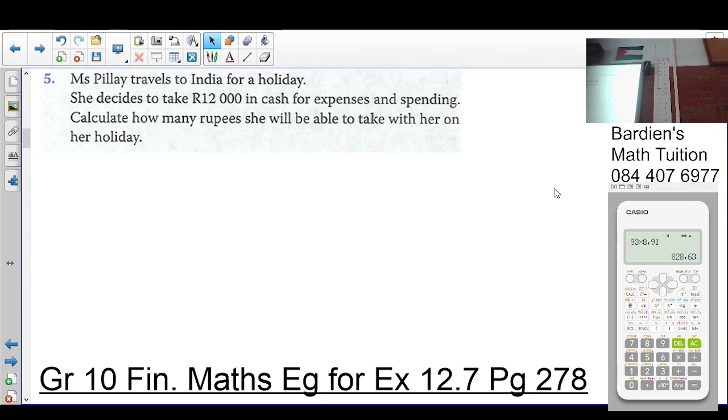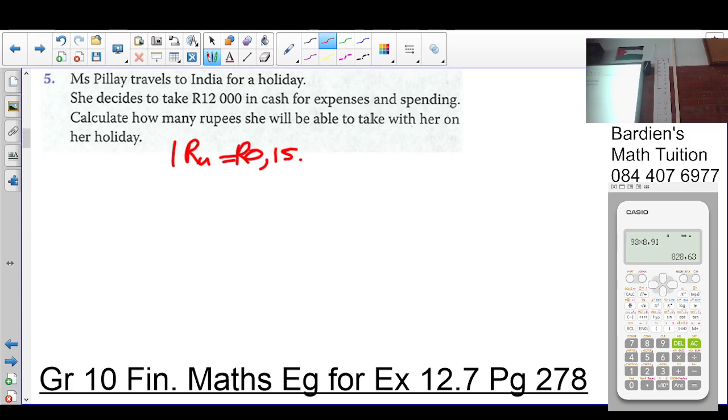Calculate how many rupees she will be able to take with her on her holiday. What's the exchange rate between rupees and rands? 1 rupee equals 0,15 rand.